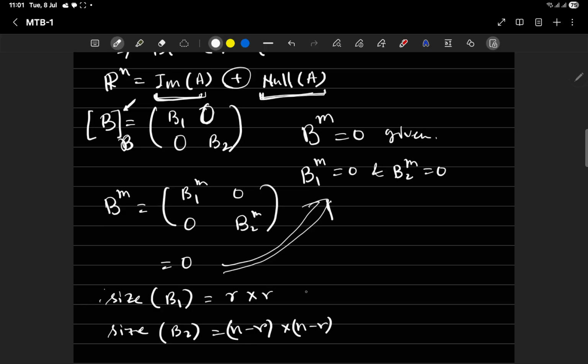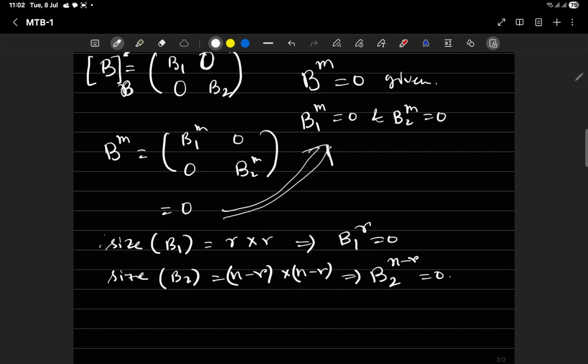So this implies that it is nilpotent, right? So B1 to the power r is 0 and B2 to the power n minus r is 0.